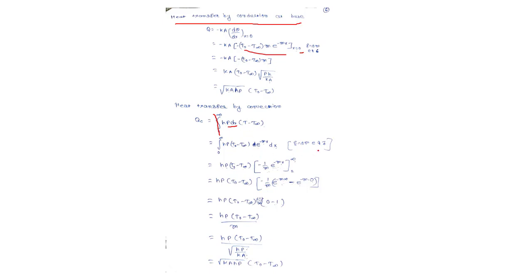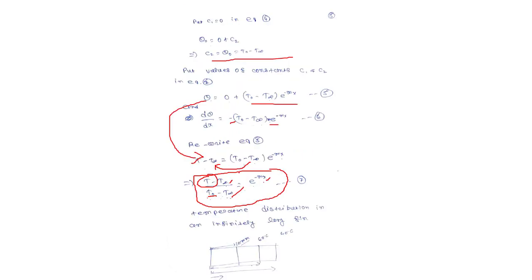And from equation number 7, from this equation we put the value of hP (T0 − T∞) e raised to minus mx dx.